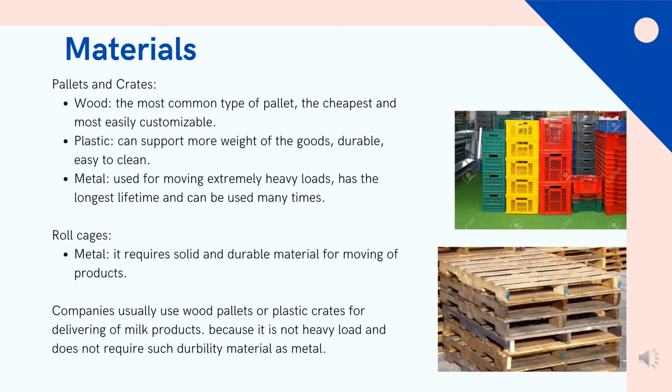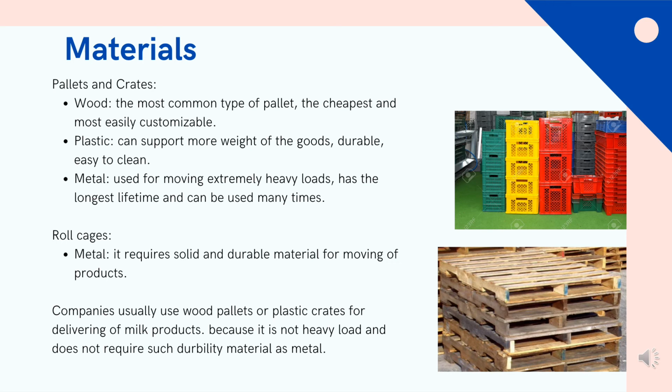Pallets and crates are usually made of wood, plastic or metal. Each of them can be used according to the specifics of the product and delivery and storage requirements. Wood is the most common type of pallet, the cheapest and most easily customizable. Plastic can support more weight of the goods, is durable and easy to clean.